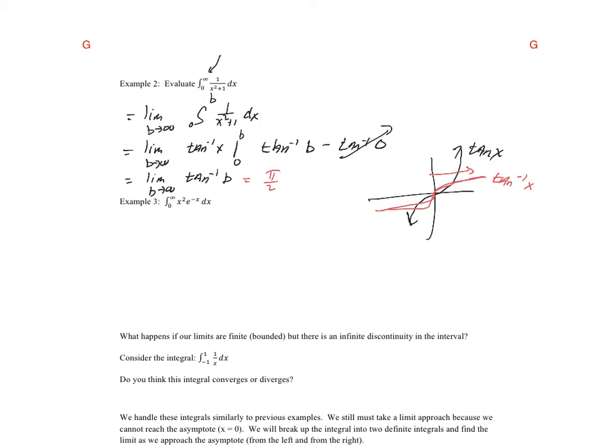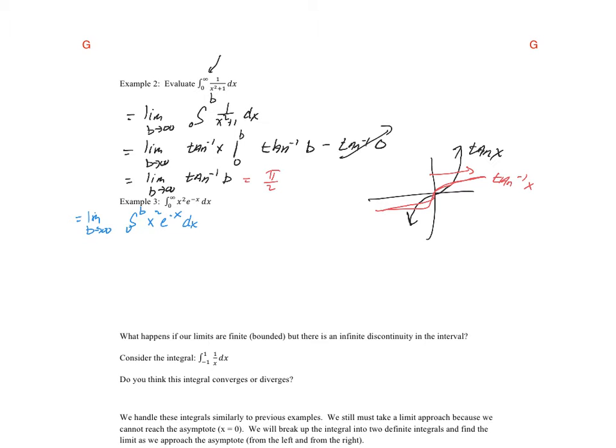All right, example 3, we're going to take our limit as b approaches infinity from 0 to b of x squared e to the negative x dx. Now this should look familiar because we just went over this concept.